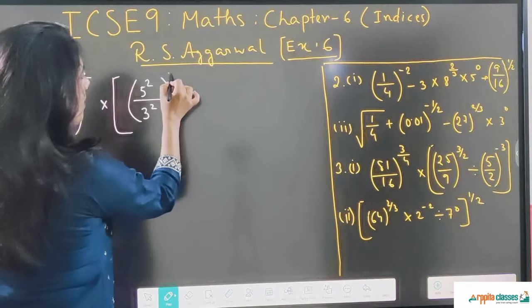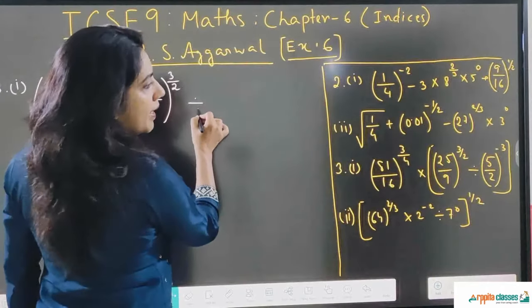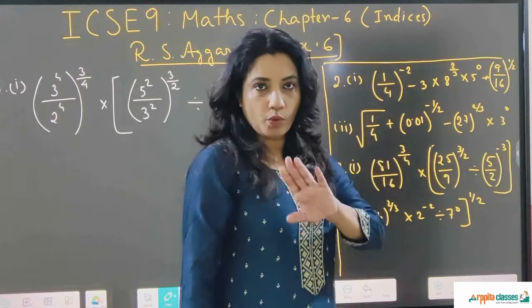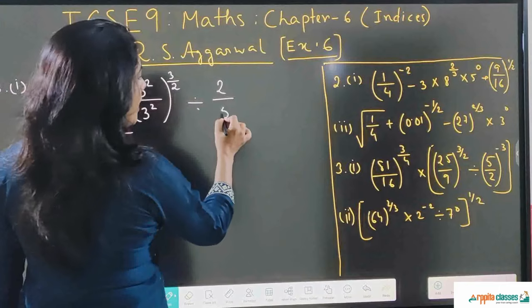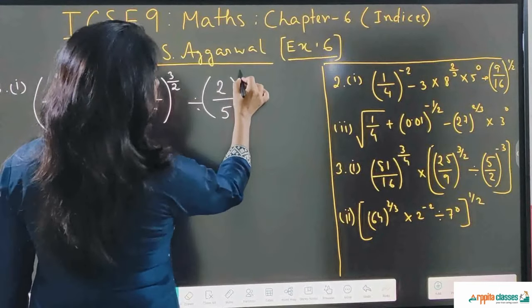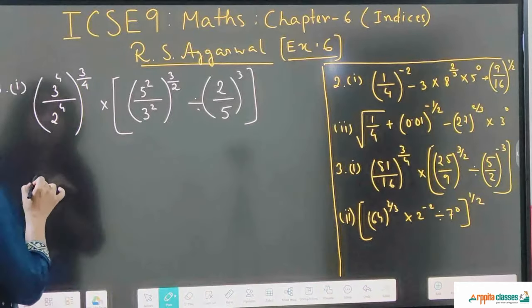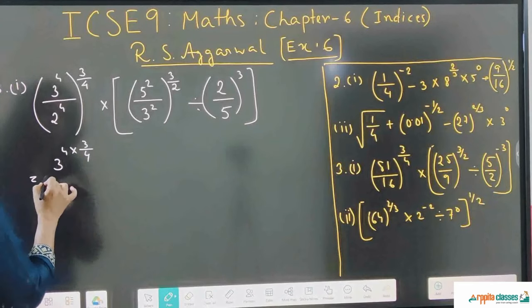This whole to the power we have 3 by 2 divided by, now we have 5 by 2 to the power minus 3. So to make the exponent positive, I'll be writing as 2 by 5 and then it will be 3. The exponent becomes positive here. Now this will be 3 to the power 4 into 3 by 4.